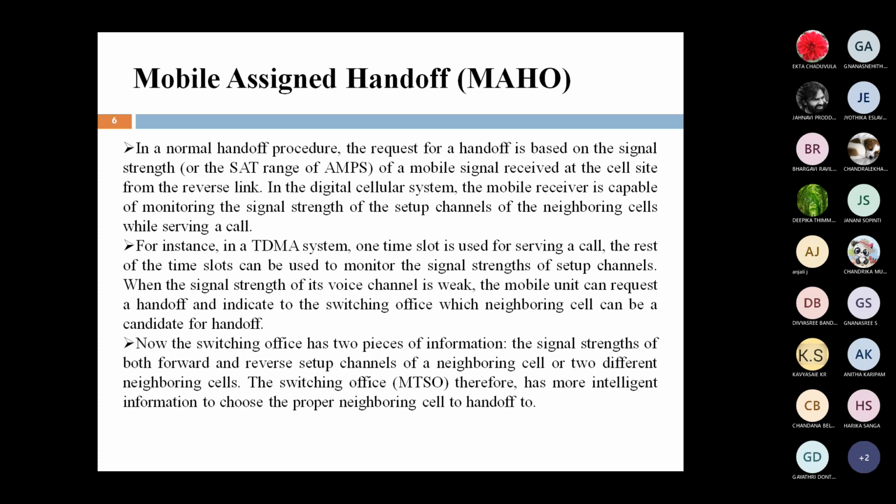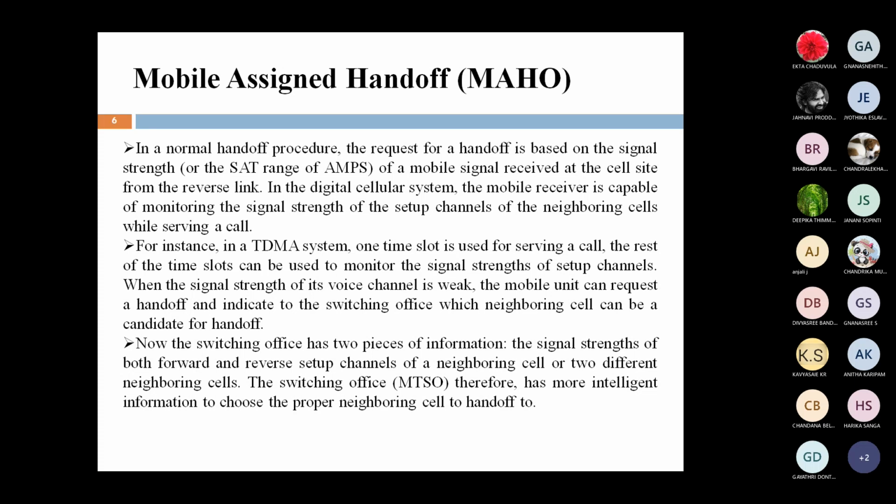Whenever the mobile unit moves to the border of a cell, automatically the signal strength decreases. Then the mobile itself sends a request: I am receiving very low signal strength and low voice quality, so I want a new, strongest channel from the nearest base station.